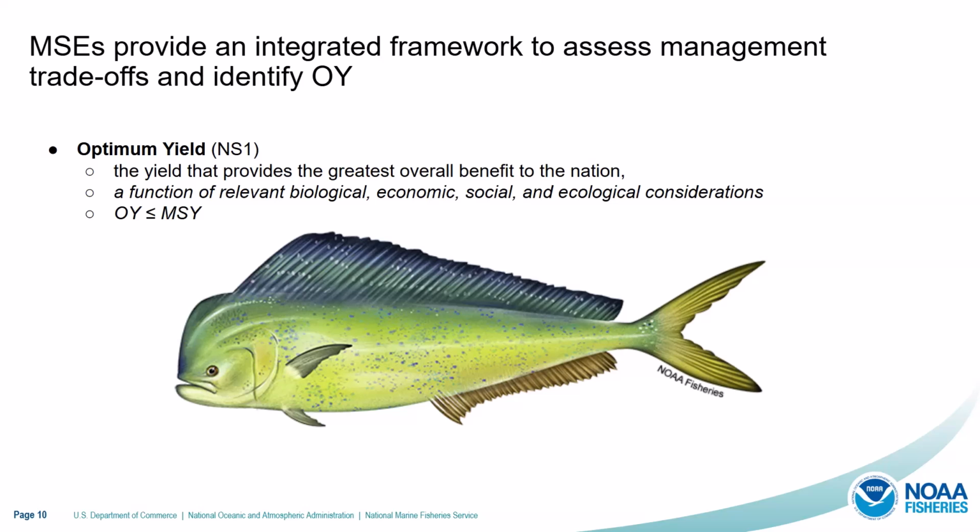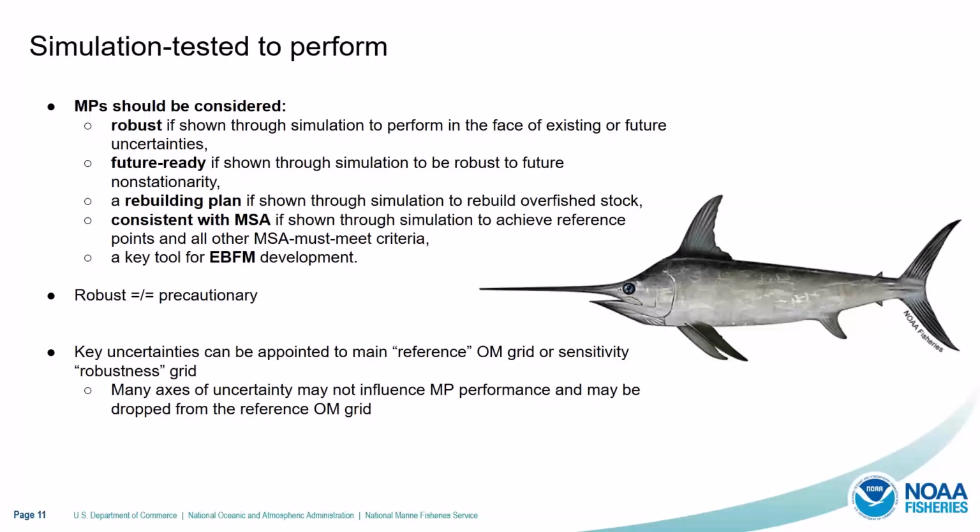And MSE is really designed to address optimum yield. And so we suggest that it be a key player when attempting to manage for optimum yield and identifying optimum yield. And ultimately, MSEs or management procedures are simulation tested to perform.